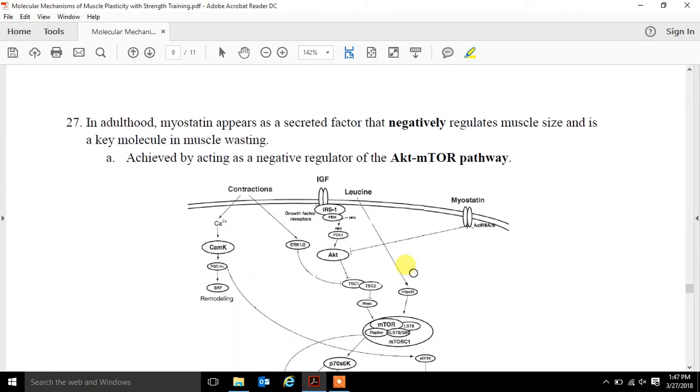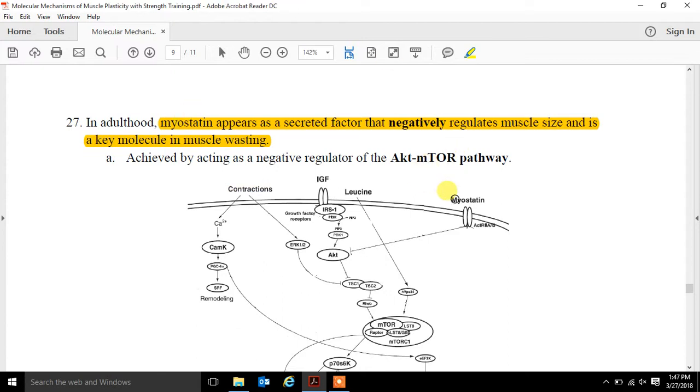So what is it actually doing? It appears as a secreted factor that negatively regulates muscle size and is a key molecule in muscle wasting. And it does so by negatively regulating the AKT-mTOR pathway that we just learned about.